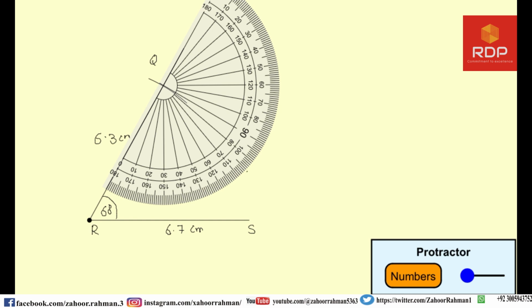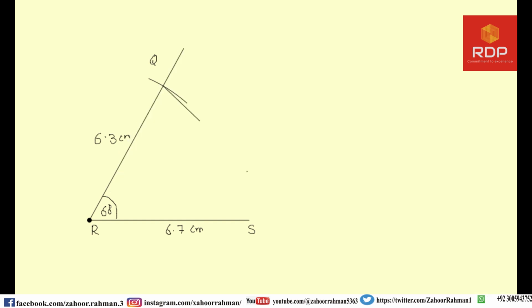I made a dot there. So let us connect this line and increase it a bit. So that will be of 75 degree. We are labeling it.